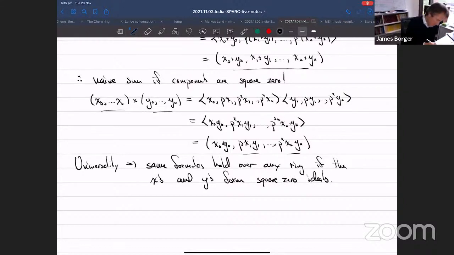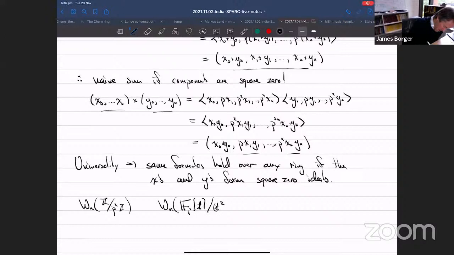So this is relevant to Pooja's example of Wn. It's not of the whole ring, but of the part where things are square zero.